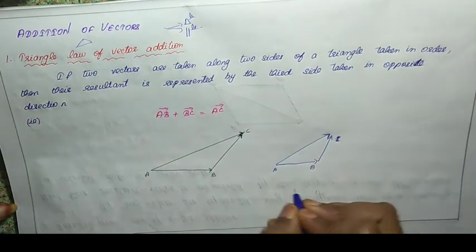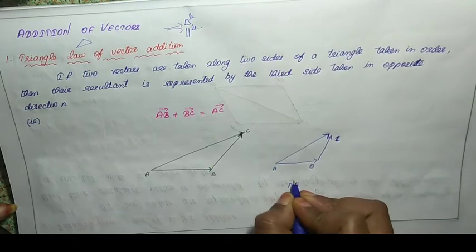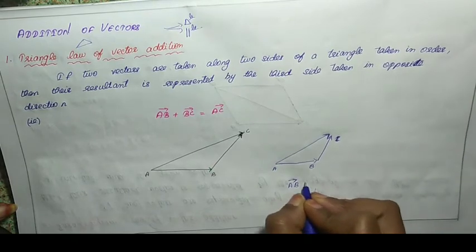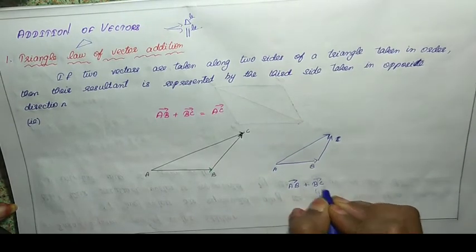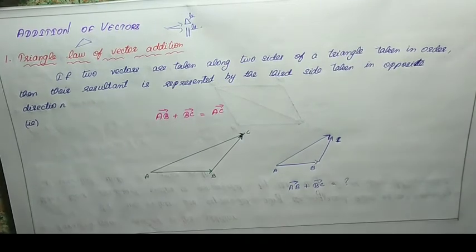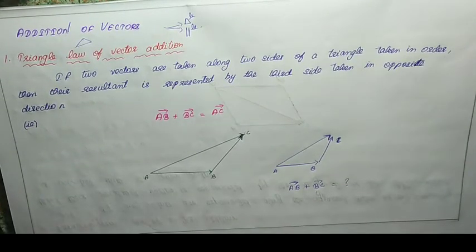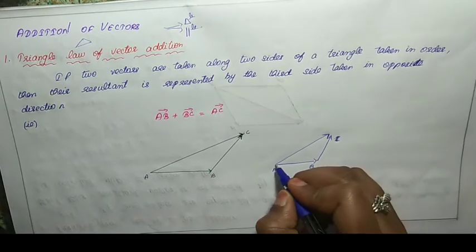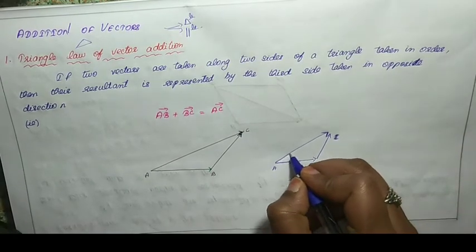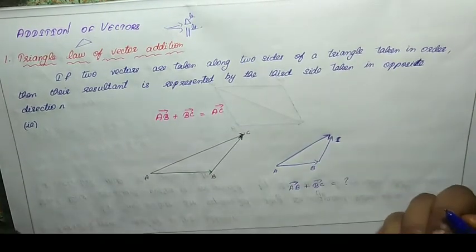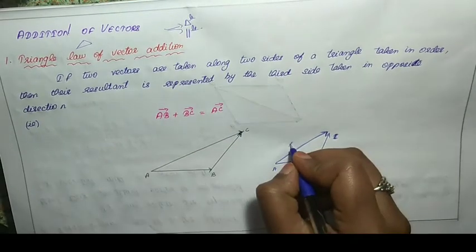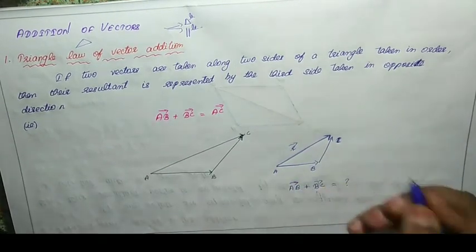If I want to add vector AB plus vector BC, what will be my resultant vector? I don't know, right? So they are saying that this third side will be the resultant vector. Let this vector be R vector or AC vector.